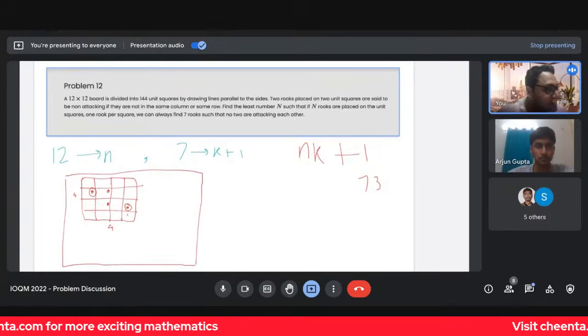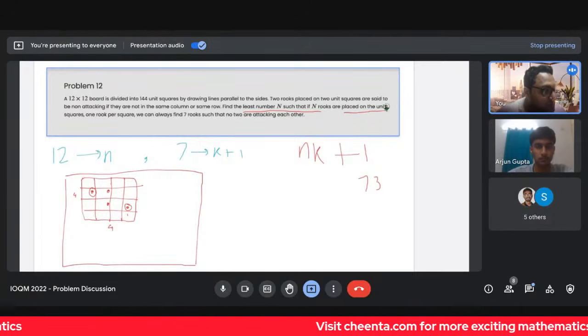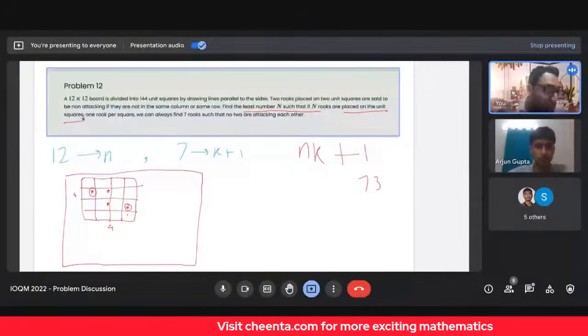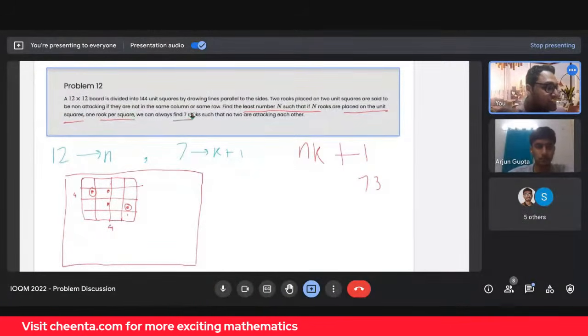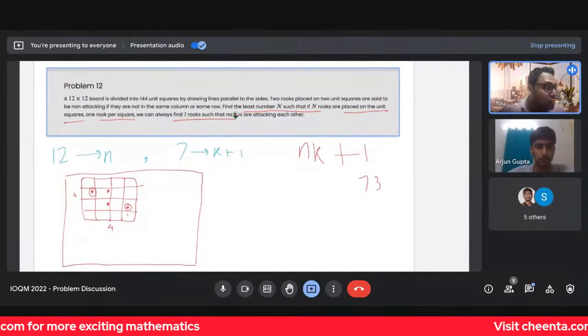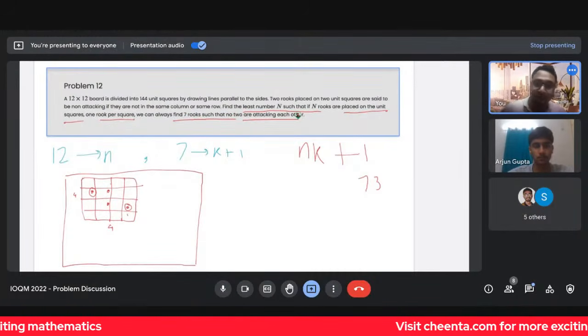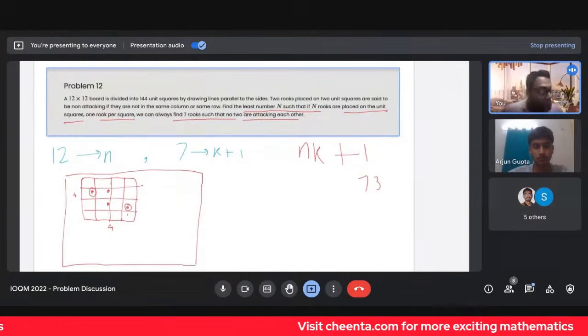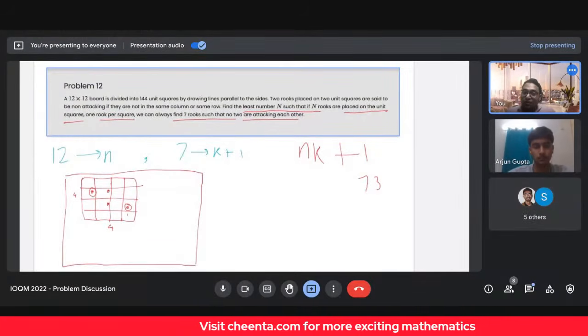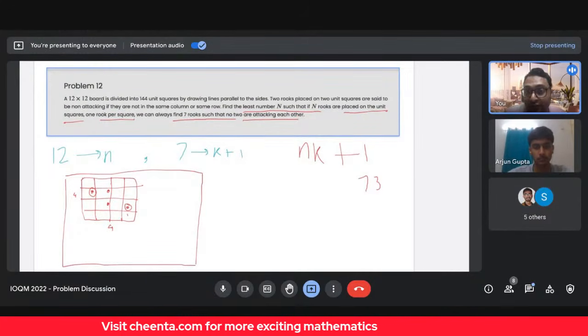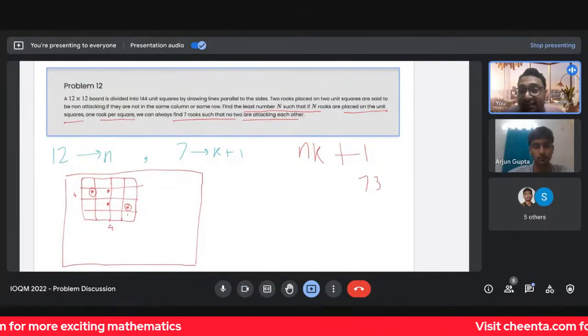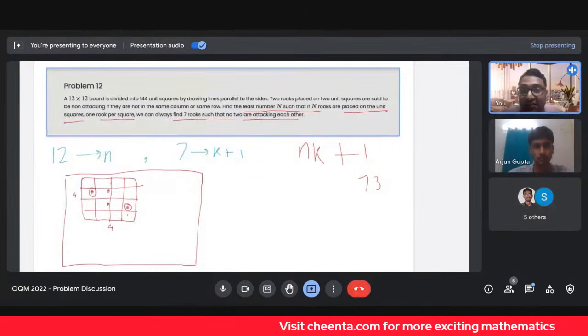Find the least number n such that whenever n rooks are placed on unit squares, we can always find 7 rooks such that no two are attacking each other. Arjun is going to tell us a generalized version of this problem.